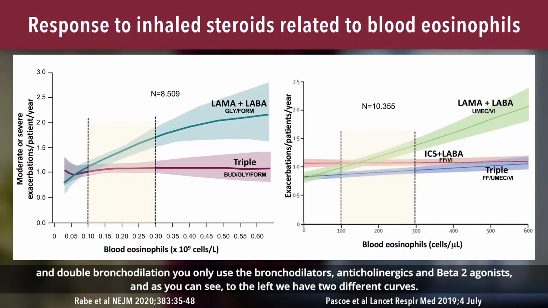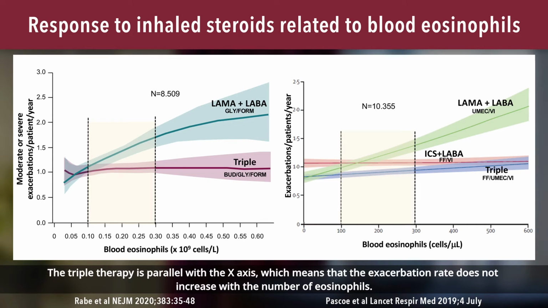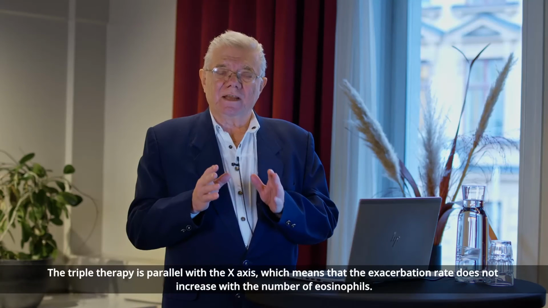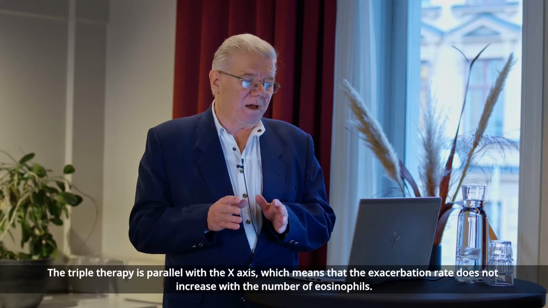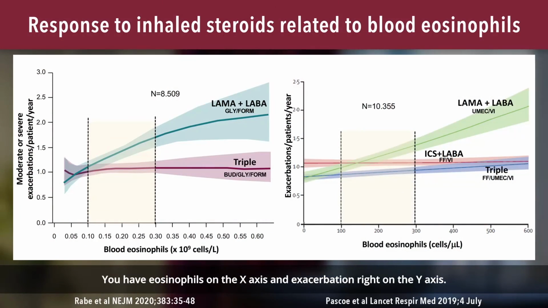And as you can see to the left, we have two different curves. The triple therapy is parallel with the x-axis, which means that the exacerbation rate does not increase with the number of eosinophils. You have eosinophils on the x-axis and exacerbation rate on the y-axis.